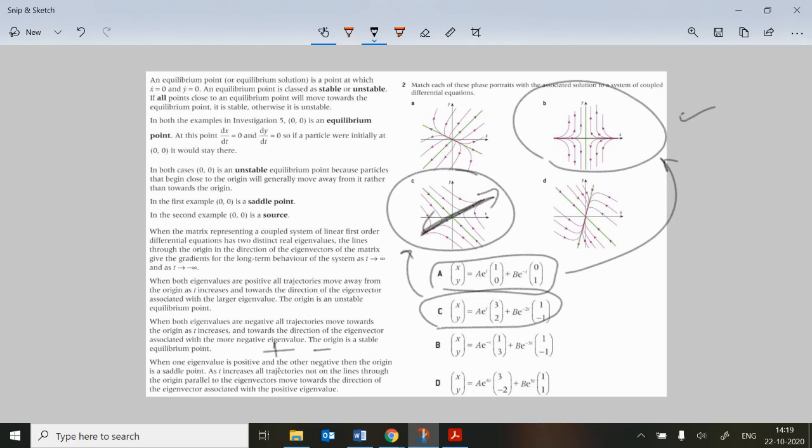So again, on the lines, you might potentially go towards the point instead, but not on the lines. All trajectories not on the lines through the origin parallel to the eigenvectors move towards the direction of the eigenvector associated with the positive eigenvalue, which is 1 and 0, in the direction of the x-axis. No, I don't agree with that one. I wonder if they've got those mixed up.